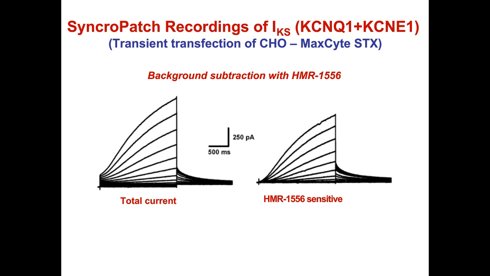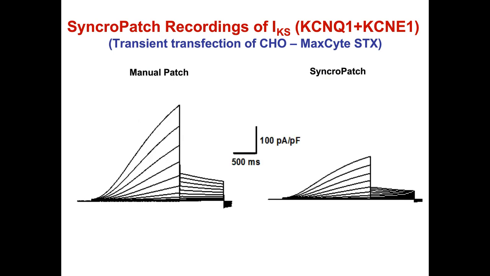In the beginning, when we began to use the SyncroPatch, we asked the basic question, which is how well do these recordings mirror what we were seeing with manual patch clamp. And so just to illustrate that for the IKs experiments, what I illustrate in this slide on the left is an average of about 16 manual patch clamp recordings from CHO cells that express KCNQ1 and KCNE1.